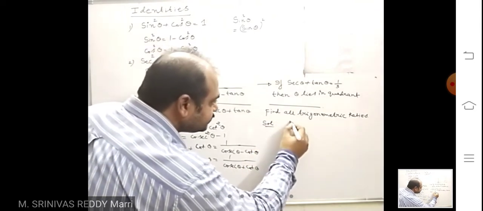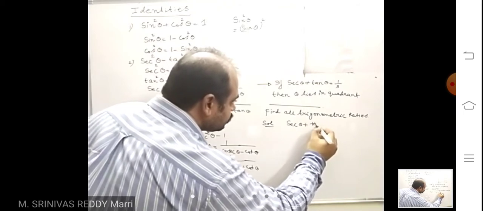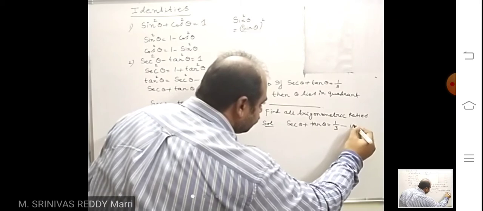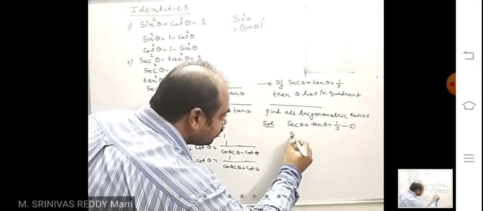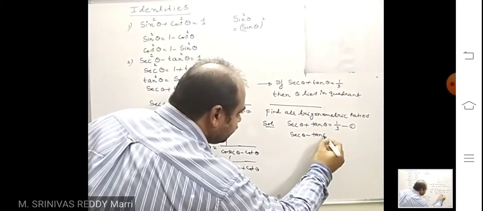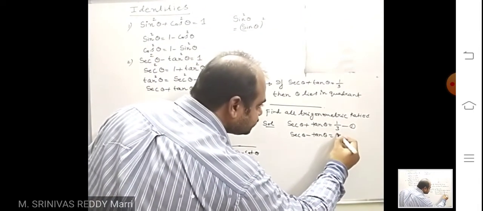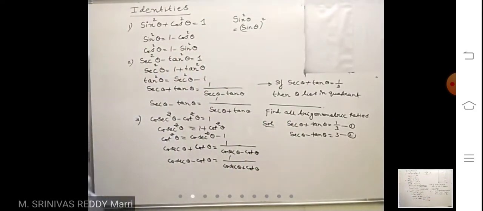Now look, this is given: secant theta plus tan theta equal to 1 by 3, the first relation. Now you can write the reciprocal. Secant theta minus tan theta is nothing but 1 by secant theta plus tan theta. That means this is 3. These both are reciprocals of each other.